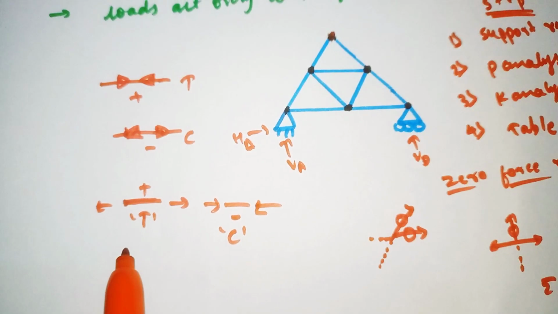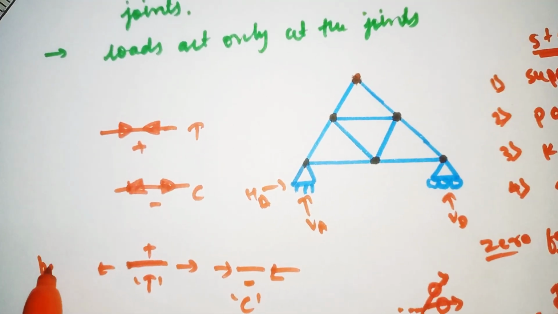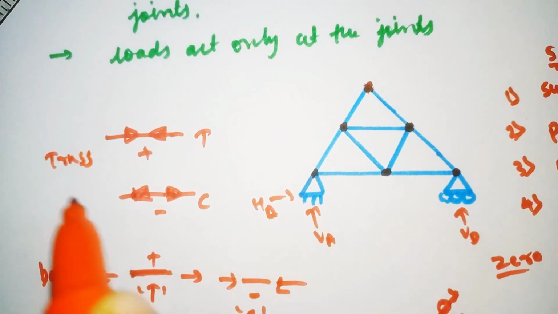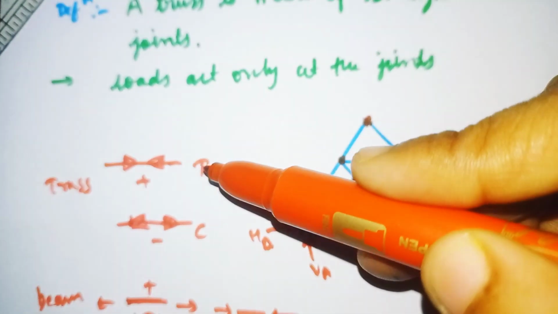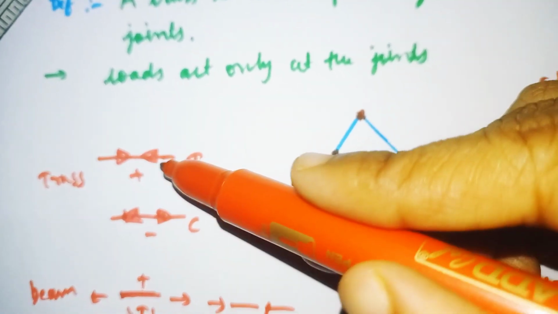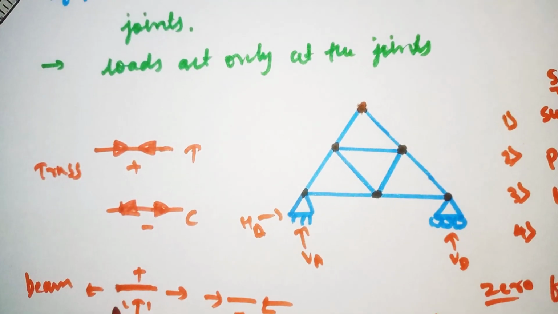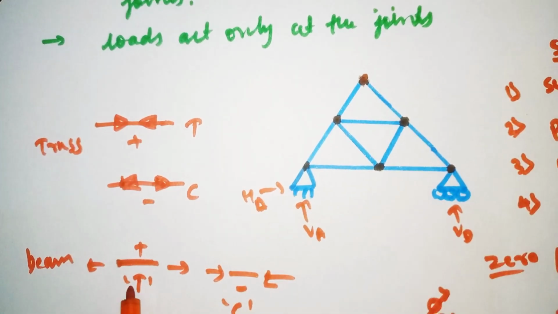So the sign convention is different for the beam and the truss. In a truss, when the forces move towards each other, the force is called tension. But in a beam, when the forces move away from each other, the force is in tension.